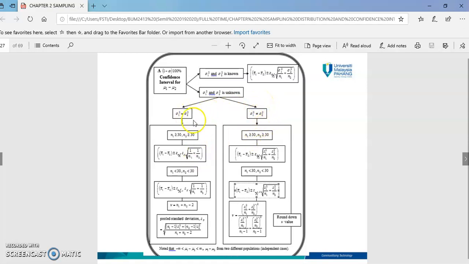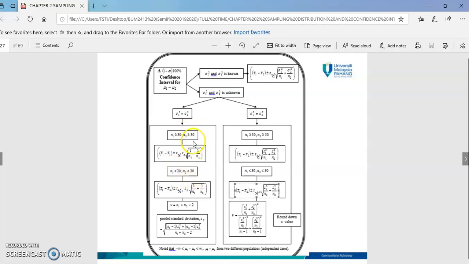After we decide whether we have equal or unequal, the last condition that we look at is the sample size. It will be either both greater than 30 or both less than 30.